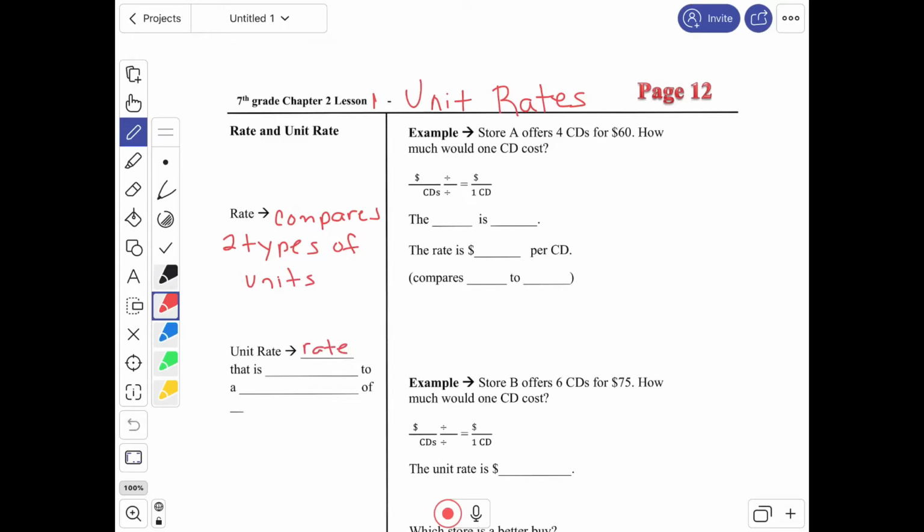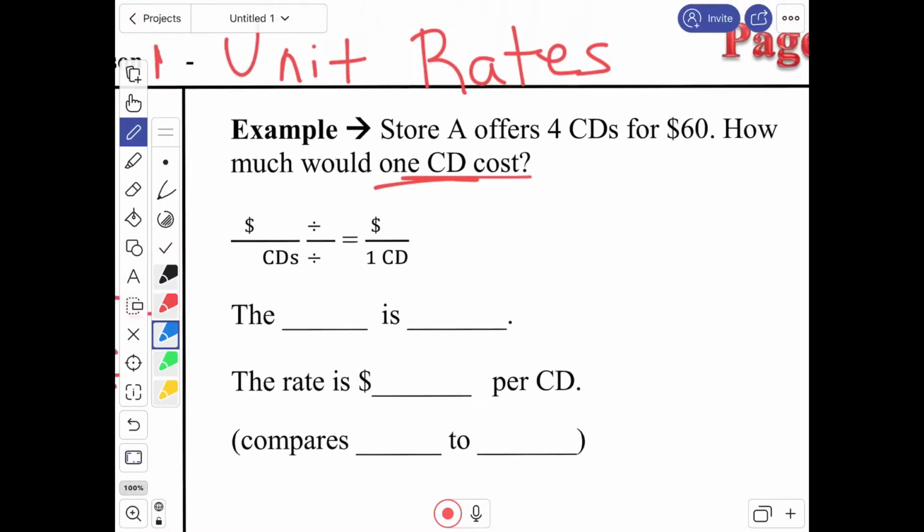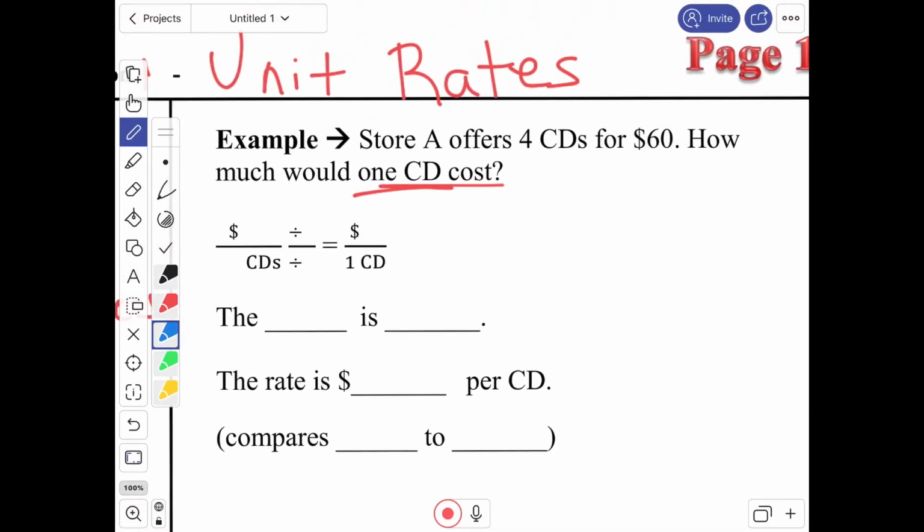And a unit rate is a rate that is simplified to a denominator of 1. So when they ask you how much one thing is, that's unit rate. Like in this example, they want 1 CD. So a unit rate is a rate that is simplified to a denominator of 1.